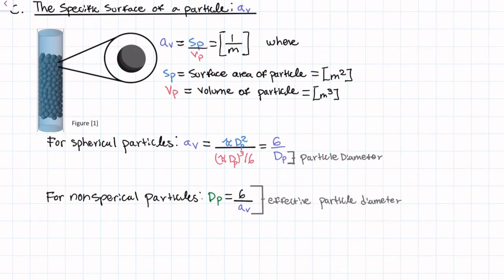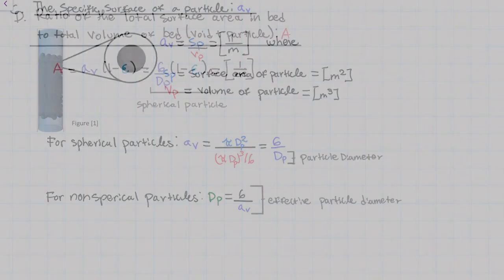You just take the surface area of a sphere and divide it by the volume of a sphere, and you'll end up getting 6 over the particle diameter. But for non-spherical particles, you don't know the diameter because it's not a perfect sphere. So you end up actually solving for the effective particle diameter as 6 over the specific surface in order to use this diameter in later calculations.